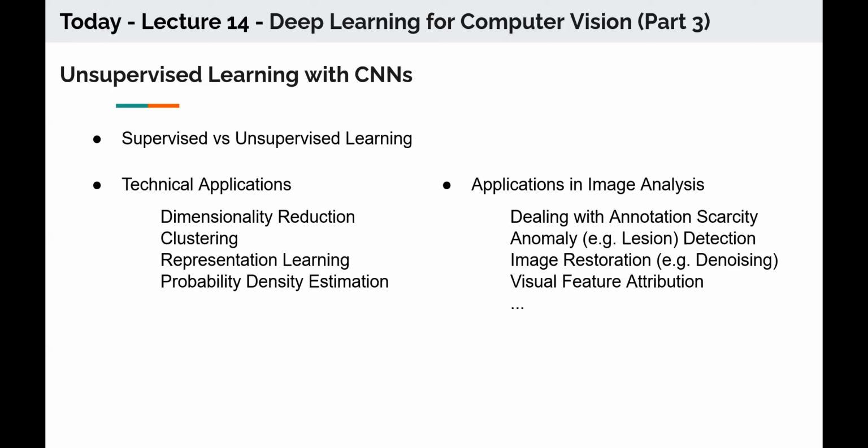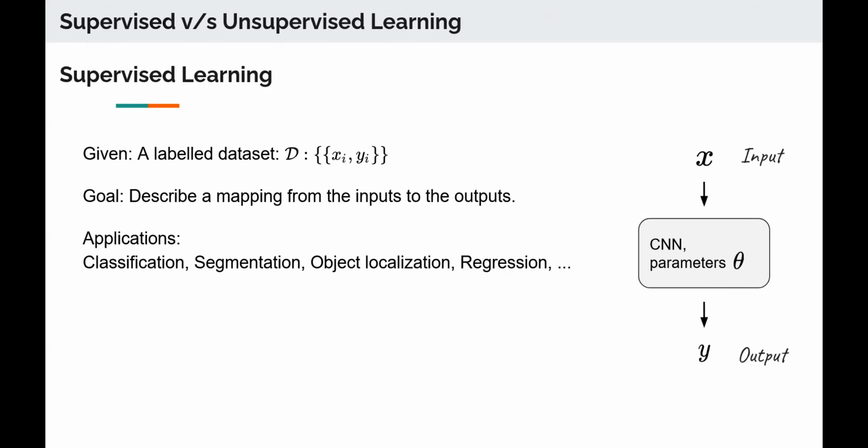Okay. So let's start with looking at supervised versus unsupervised. So what is supervised learning? Supervised learning is we are given a data set of pairs.